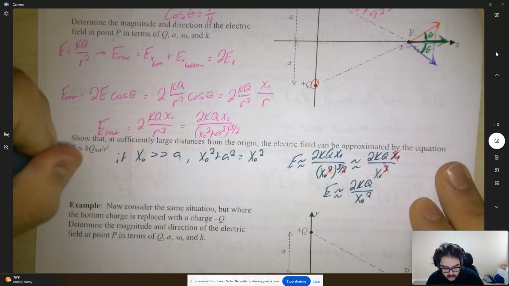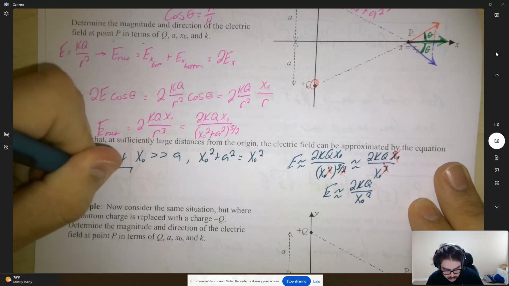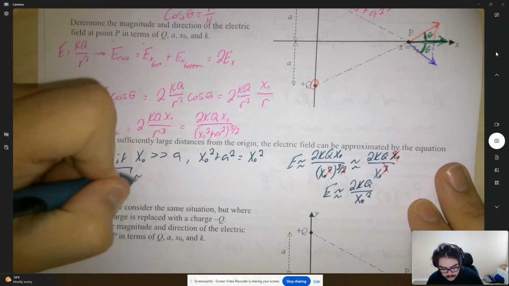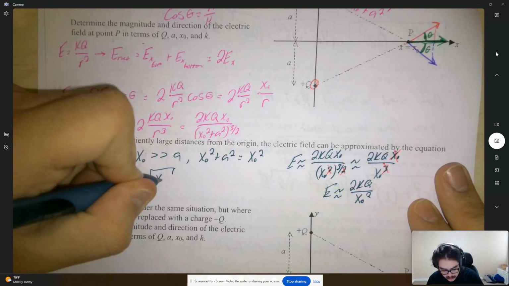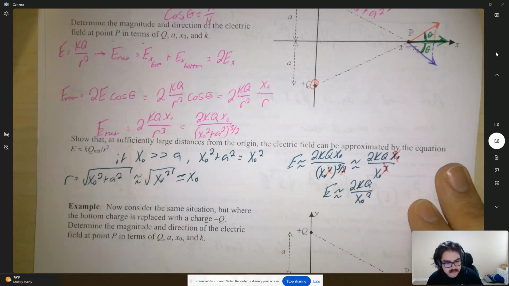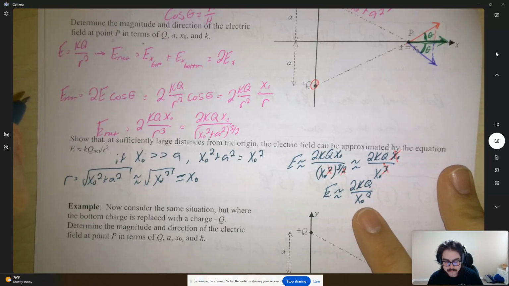So that means that r is equal to that whole root of x naught squared plus a squared thing. Well, then this would just become root x naught squared, which is just x naught, okay? So I can replace x naught with r, and this is still valid, okay?